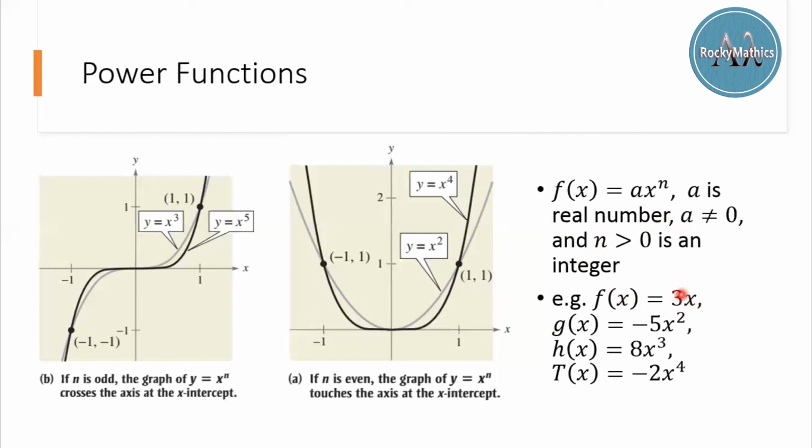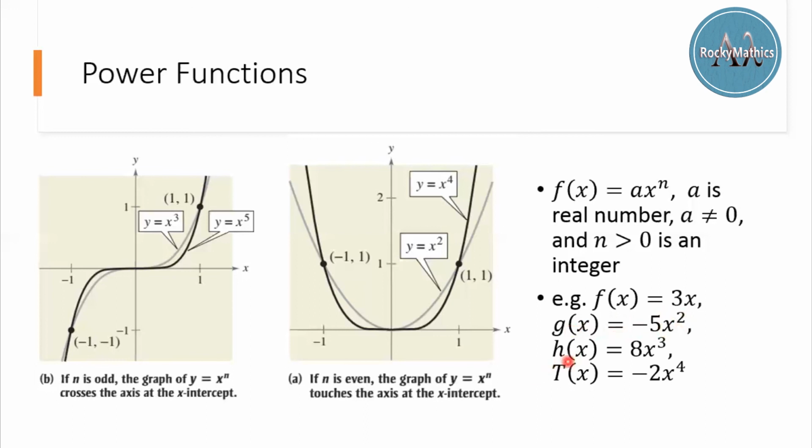You expect that we can form a linear function because the highest power is only 1. But g of x equals negative 5x squared. This is another example of a power function with a negative leading coefficient. So since the leading coefficient is negative, this is a parabola opening downward.